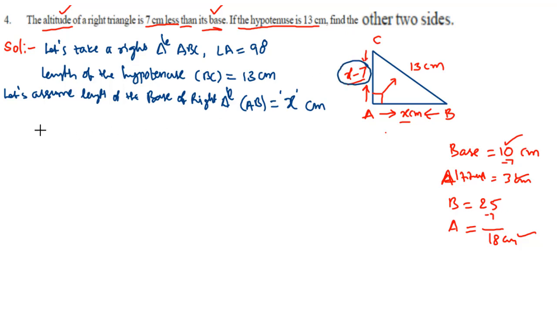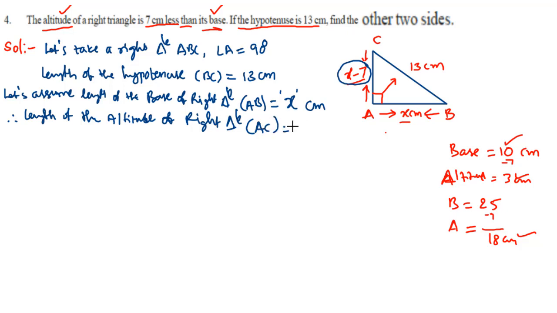So therefore the length of the altitude of the right triangle, that is AC, equals x minus 7 centimeters.